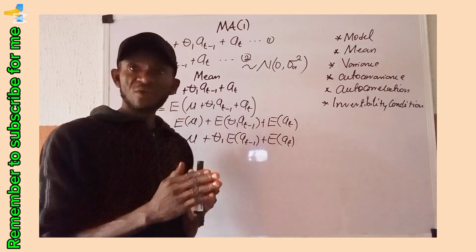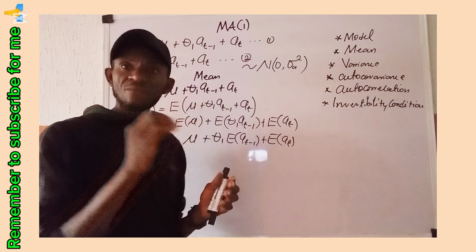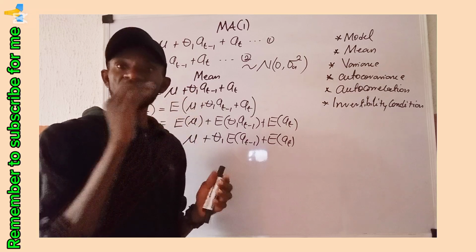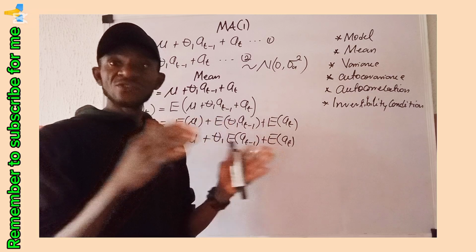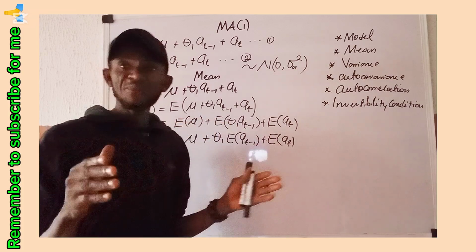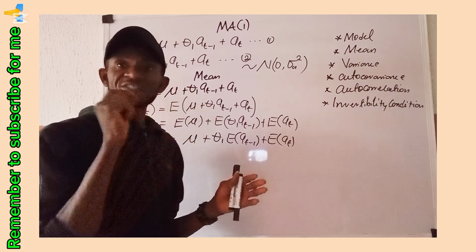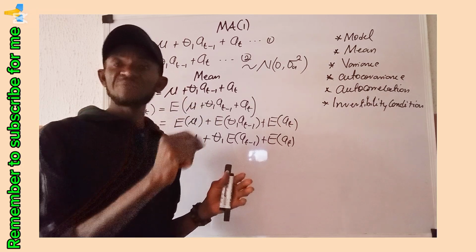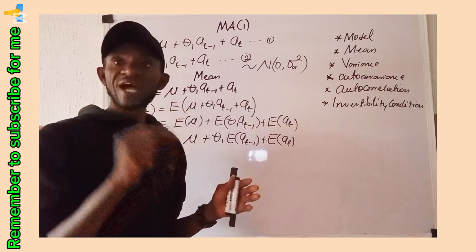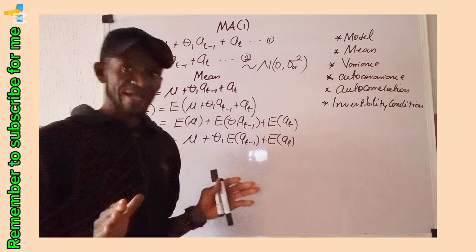And in a stationary model, we have an assumption that the mean, the variance, and the autocovariance of the model are constant over time. By implication, the mean of the error term at t minus 1 is the same thing as the mean of the error term at time t minus 2 or t minus 1 down the line.